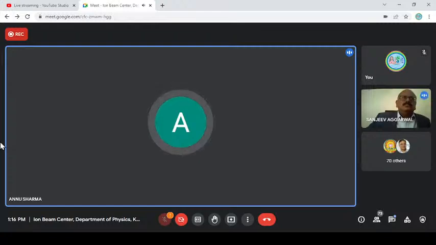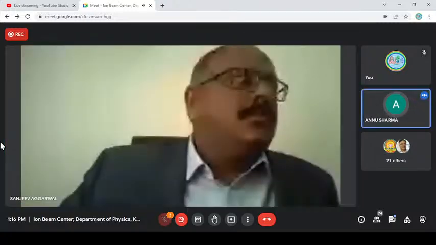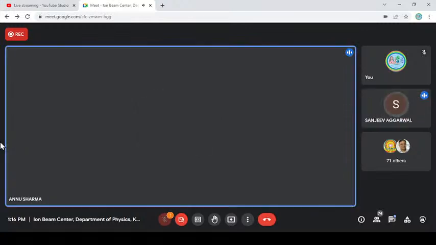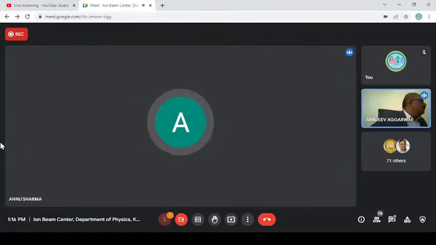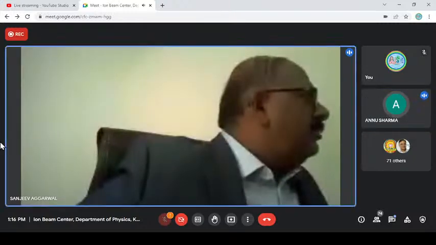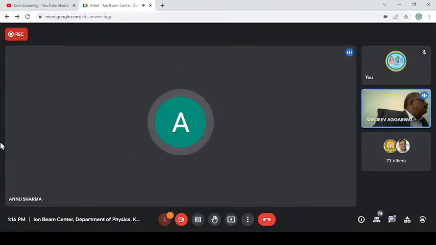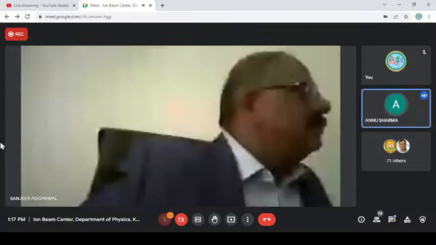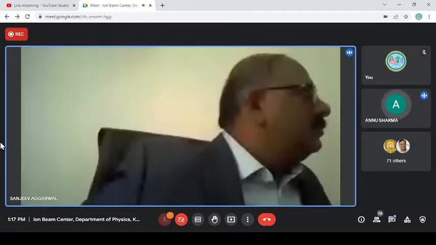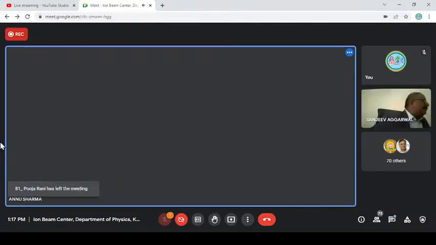We are indebted to you, sir, and we, the investigators of this project, namely Professor Sanjeev Agarwal, Professor Shyam Kumar, and myself, in particular appreciate from the core of our hearts the commitment and devotion of the IUC team, including yourself and Dr. Sandeep Chopra, to the task of strengthening the ion beam-based research activities in the country. We are also thankful to the Department of Science and Technology for funding a project to establish this ion beam center at the Department of Physics of the University.